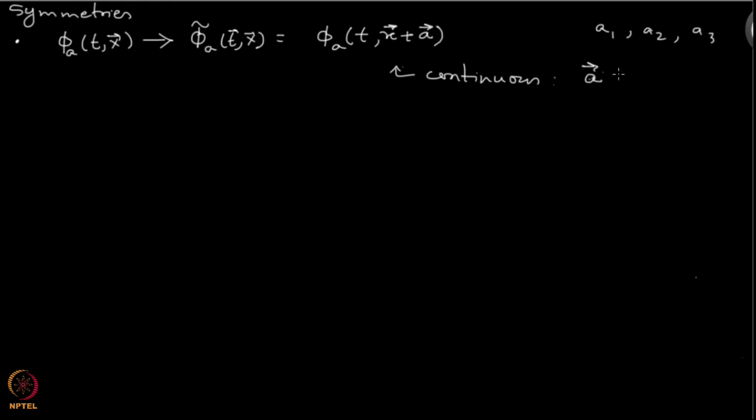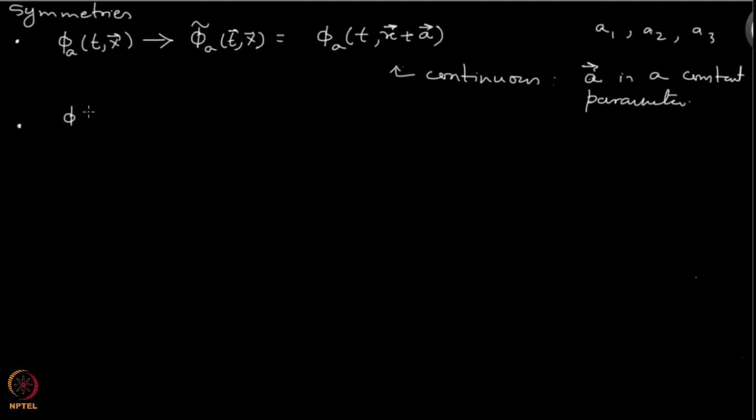So A is a constant parameter, and you can change its values continuously. So that's why it's a continuous transformation. If your transformation is not parameterized by one or more continuous parameters, then it's a discrete transformation.